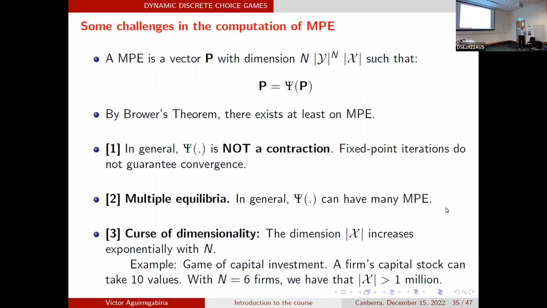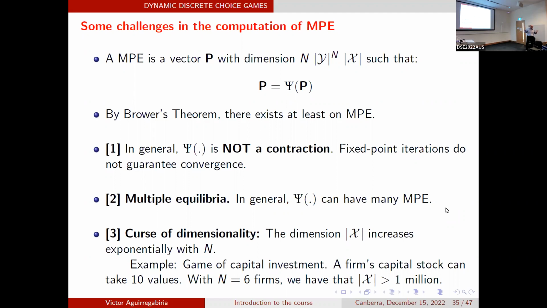And these are two important issues or challenges. And the other, of course, is the curse of dimensionality: in the case of games with heterogeneous players, if we have a state space per player of dimension, let's say, x, the dimension of the state space of the game is x to the power n, where n is the number of players, okay?